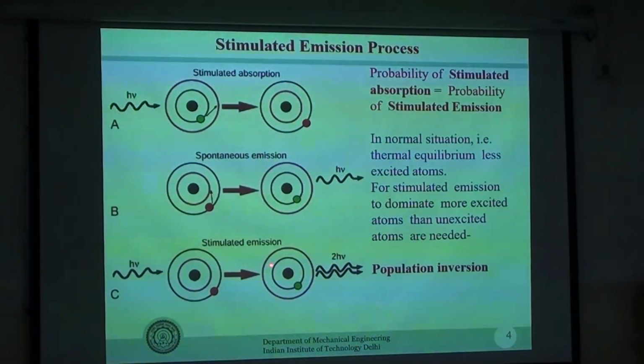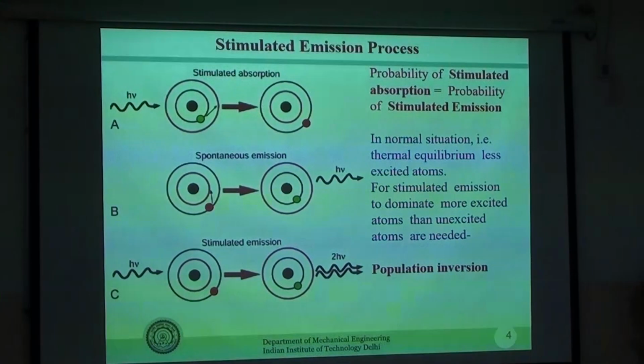But if you notice carefully, if you want this process to dominate, you need to ensure that the probability of this h nu hitting an electron in the higher energy region is more. That means you should have a condition known as population inversion.